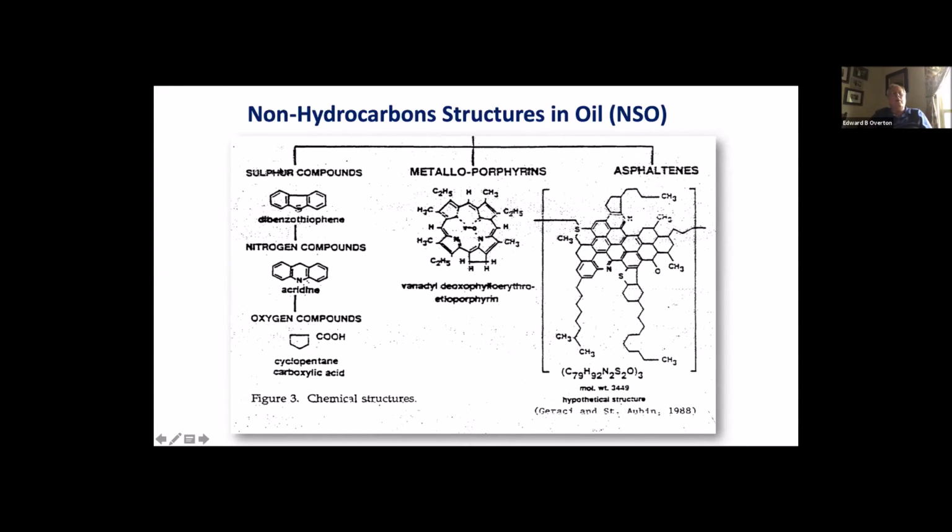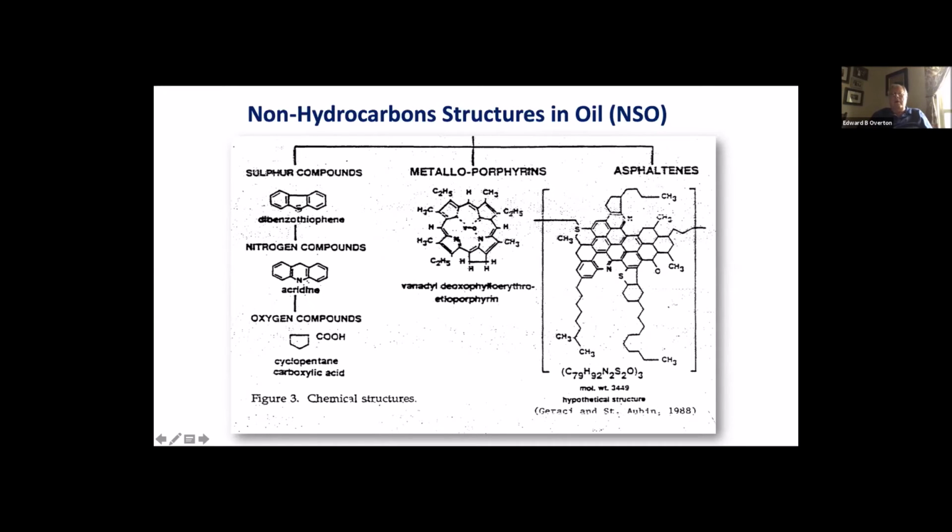In addition to the straight chain saturates, the aromatics, the NSO compounds, you also have a remnant of the chlorophyll. These are called metalloporphins, and generally in oil there are trace metals, and some of the trace metals are chelated in these metalloporphin structures. And in addition to that, you have some very large molecules, up to 100 carbon atoms, that are known as asphaltenes.